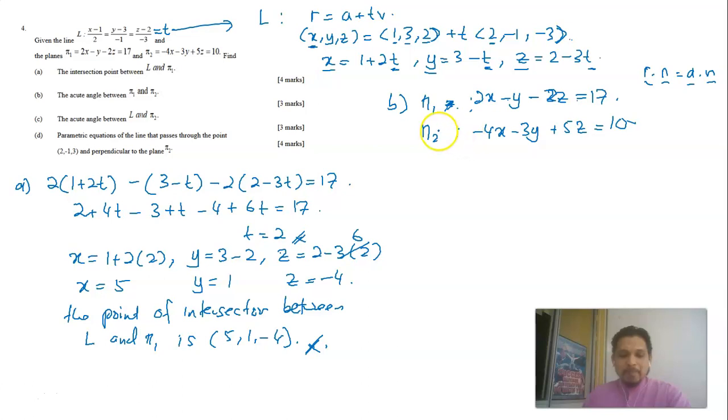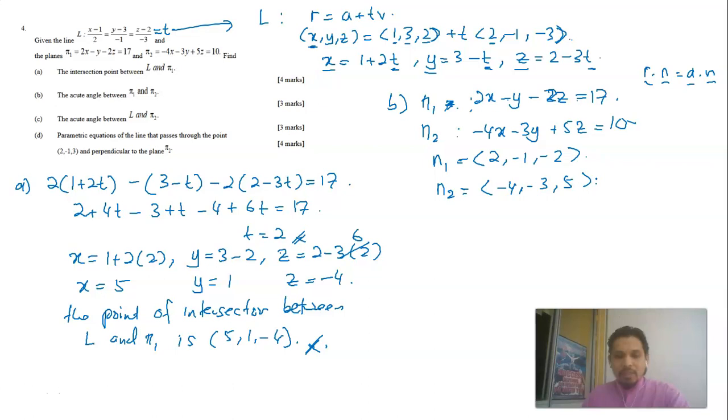So then, n1, which is 2, negative 1, negative 2, and n2 equal to negative 4, negative 3, and 5.